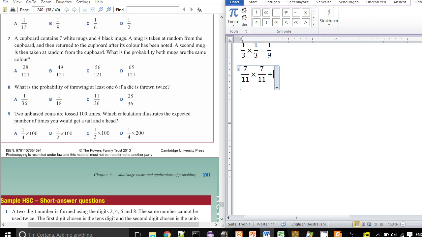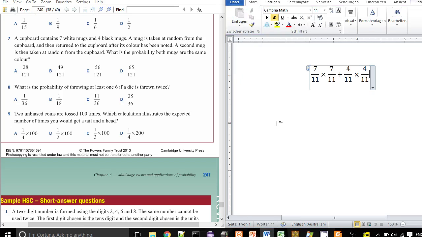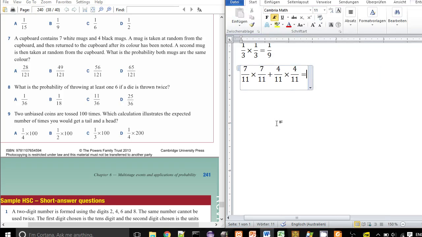For 2 blacks, it could be 4 out of 11 times 4 out of 11 again. Now I can do this. This is 49, and that's 16. It's all out of 11 times 11, which is 121. So 49 plus 16, which is 65. That's what I got.